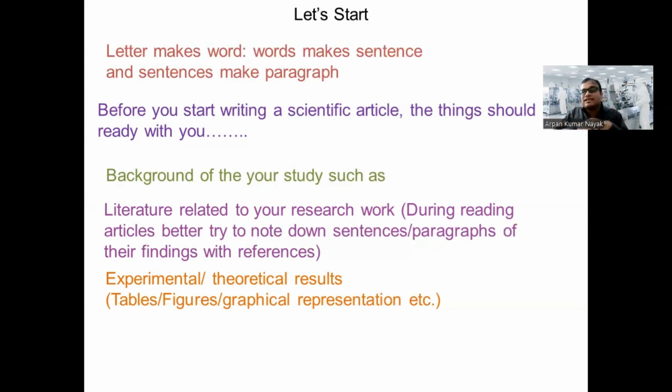For an experimentalist, the experiments should be performed and the results kept with them. For a theoretician, those who are working on theory, they should perform the theoretical study and have the theoretical results with them.